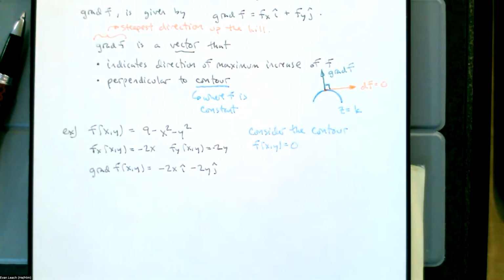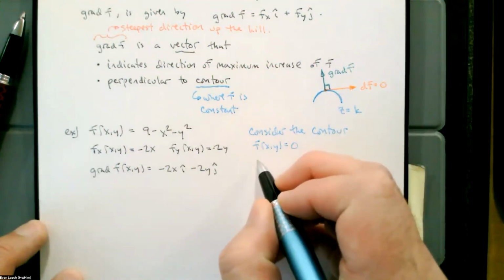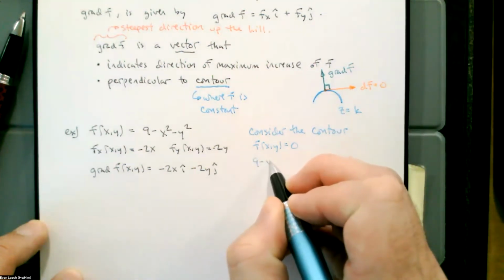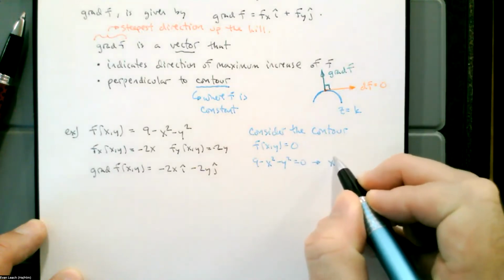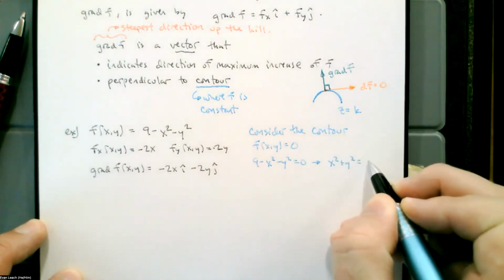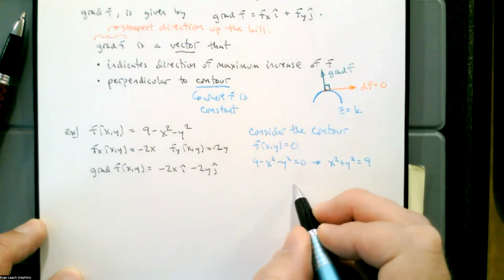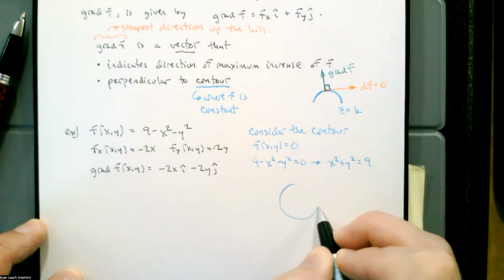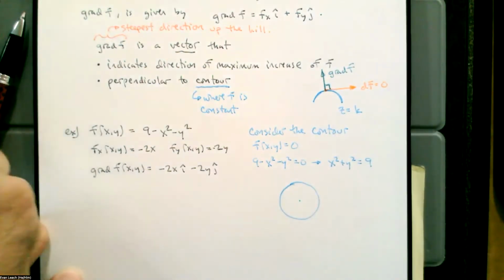If f of x, y equals 0, then 9 minus x squared minus y squared equals 0. We're dealing with the circle x squared plus y squared equals 9. So we get a circle of radius 3, centered at the origin.